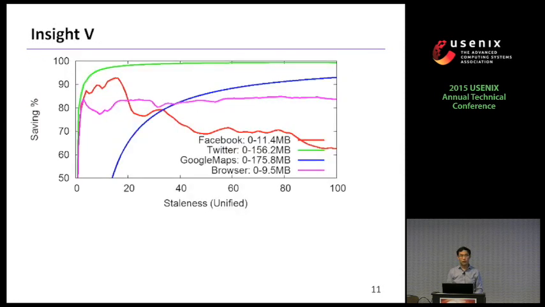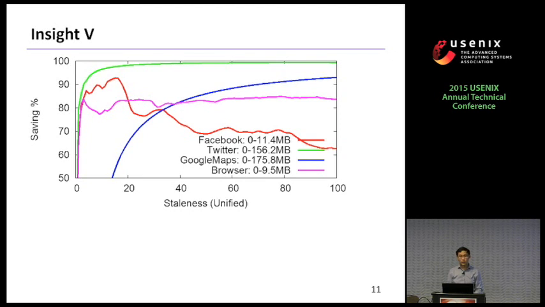So how to achieve this? We did some quantitative study. The x-axis is the staleness, that is the amount of data that has ever been written to DRAM but not checkpointed to flash. And the y-axis is the ratio of how much data can be coalesced.